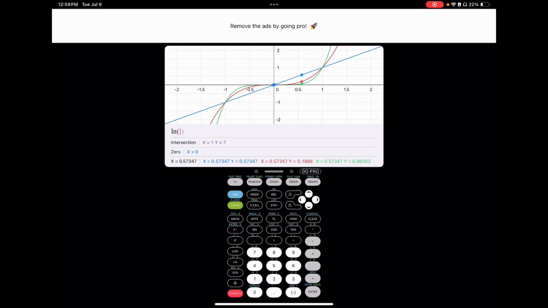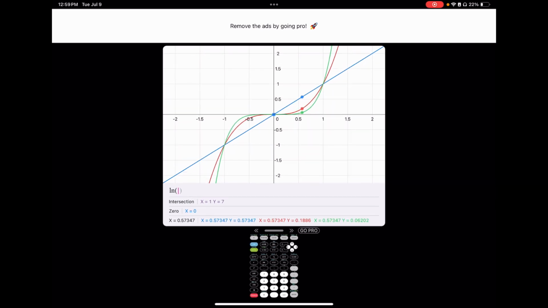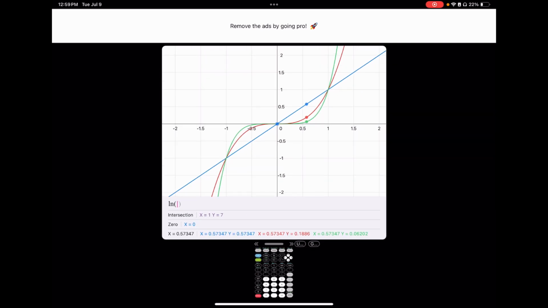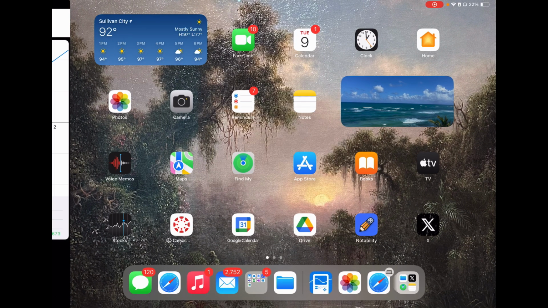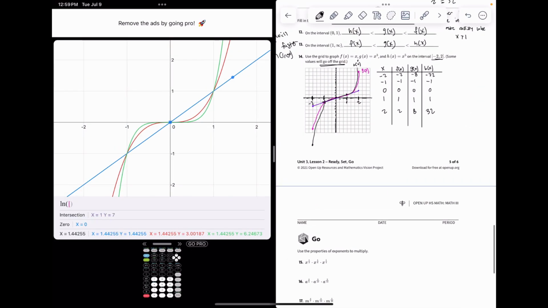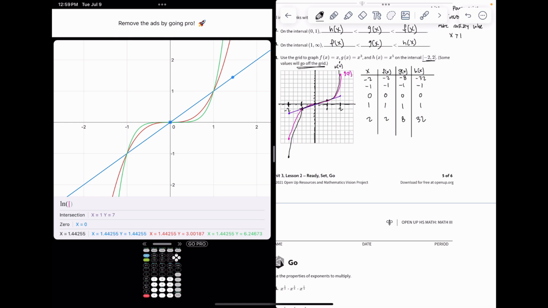And now let's graph that. So we see that this is our bigger scale between -2 and 2. Okay, so that's what I want us to think about.